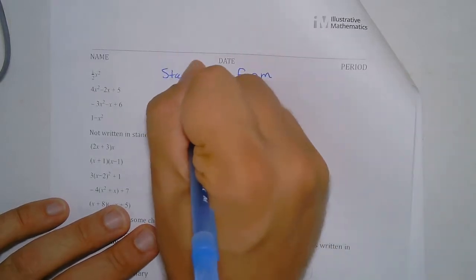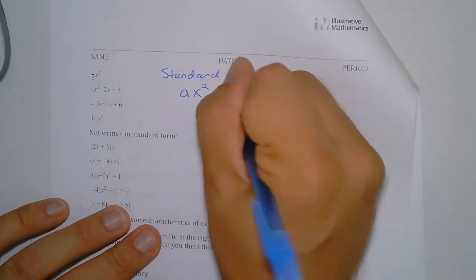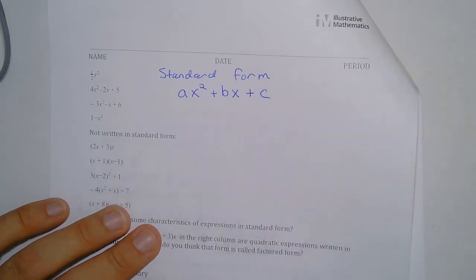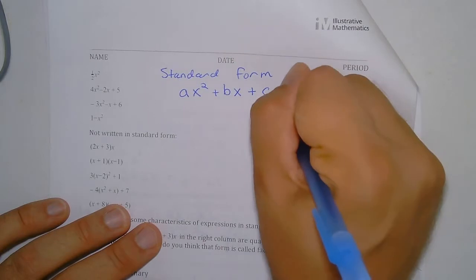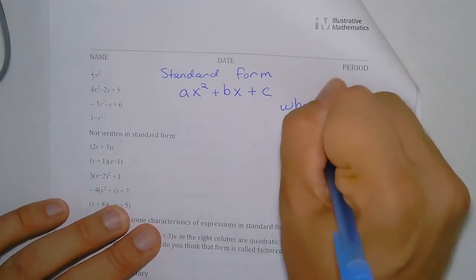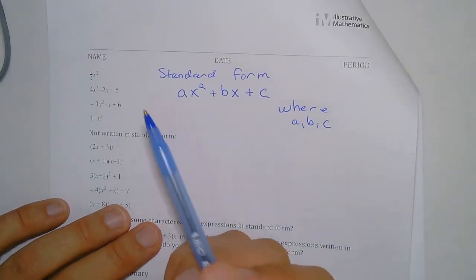Standard form is just ax squared plus bx plus c, where a, b, and c are real numbers.